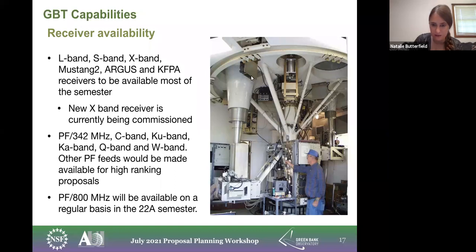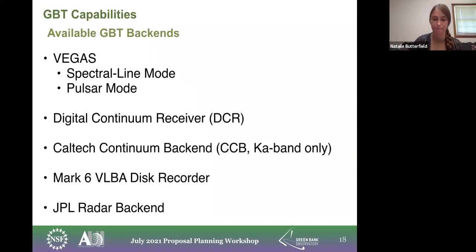I believe this looks like this is L-band here, probably S-band over here. And so you have each one of the different receivers fitting into this 8-slot Gregorian turret. And so you will rotate this turret to put different receivers into focus. And so we can have up to 8 available on the telescope at any time.